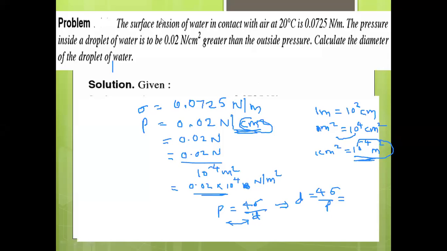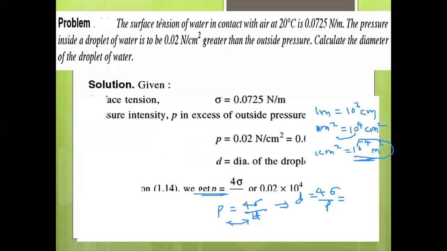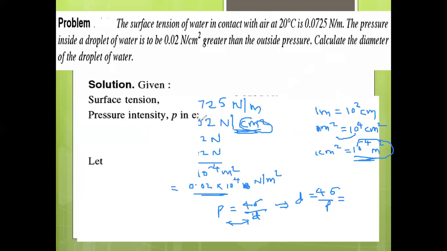Has anyone got the answer? Okay, one student has got. (1.45×10⁻³ or 0.00145).